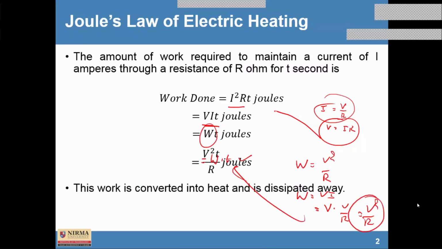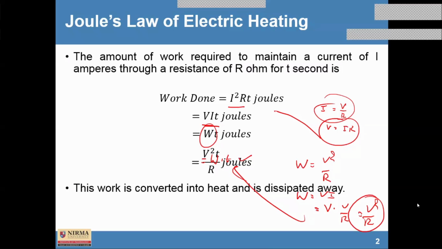So this work is converted into heat and is dissipated away. Suppose you consider a bulb, where there is a consumption of power in the form of I square R, that is a loss. I square R is a copper loss. So this loss is always V into I, or we can say it is W power, or it is in the form of V square by R. This power you have consumed, and if it is with respect to time, then it is considered as the energy.